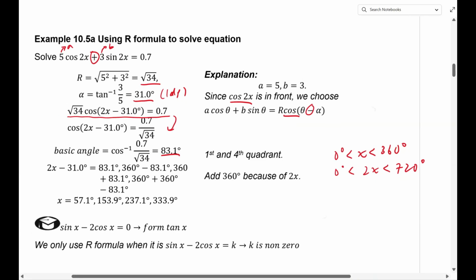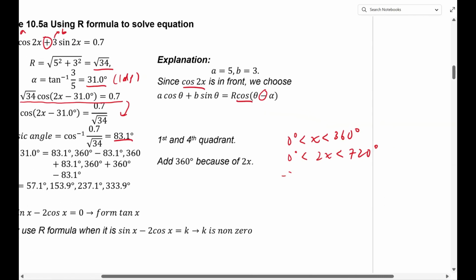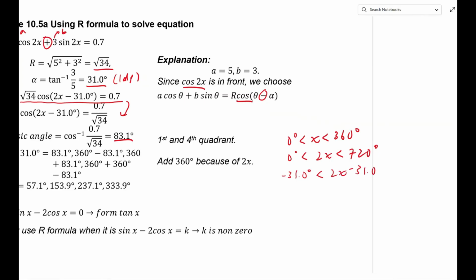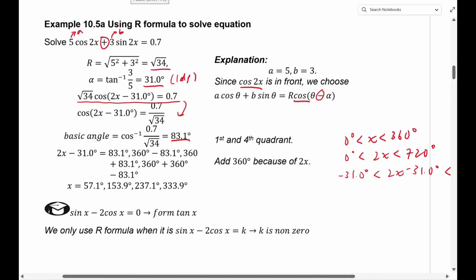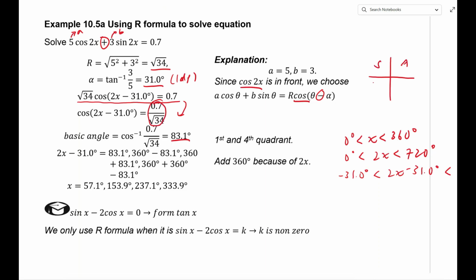And then minusing 31 degrees on both sides, our 2x minus 31 degrees has to be between negative 31 degrees and 689 degrees. Because this value is positive, looking at our ASTC, the quadrants that this angle can be in are the first quadrant and the fourth quadrant, because these quadrants are what will give us a positive value for cosine.